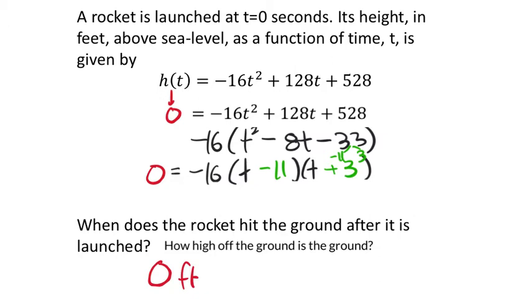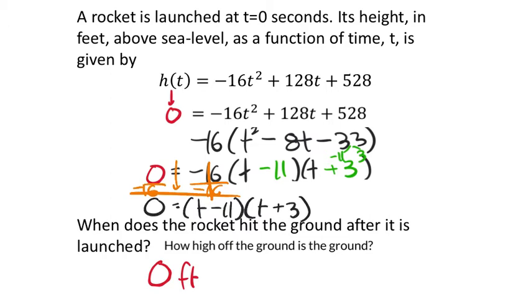If this doesn't help, ignore what I'm saying, okay? But I'm going to use the principle of equality by dividing both sides by negative 16. What does that do? It makes that a phantom 1. And then I'm left with just t minus 11 times t plus 3 equals, well, what's 0 divided by negative 16? It's still 0.